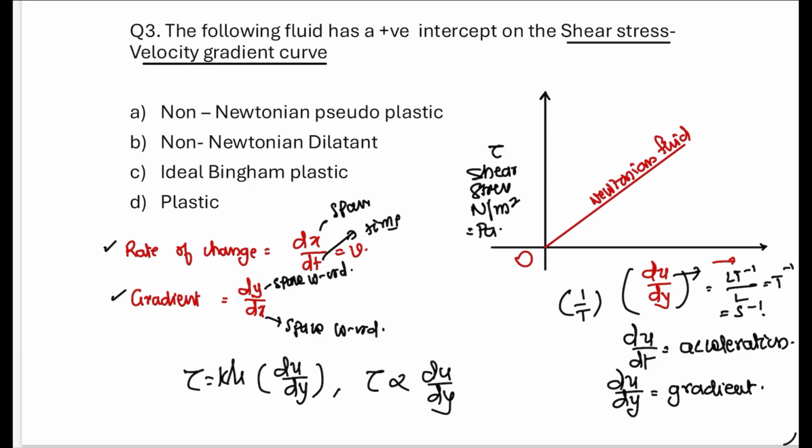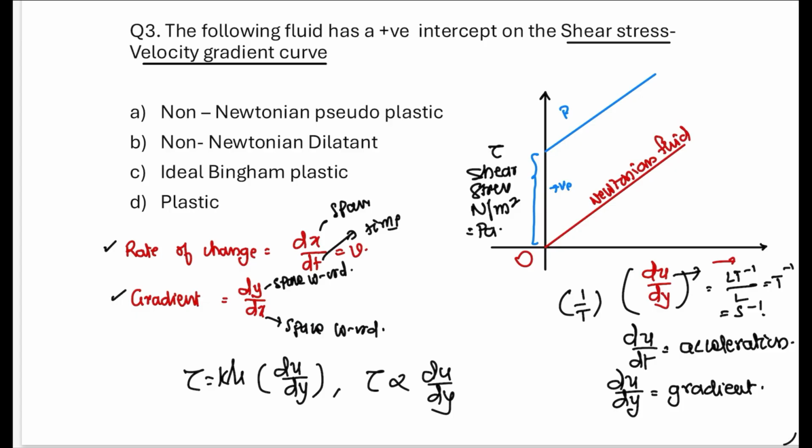For a Bingham plastic, it doesn't go from the origin. It is a straight line, but it has an intercept. This is a positive intercept.